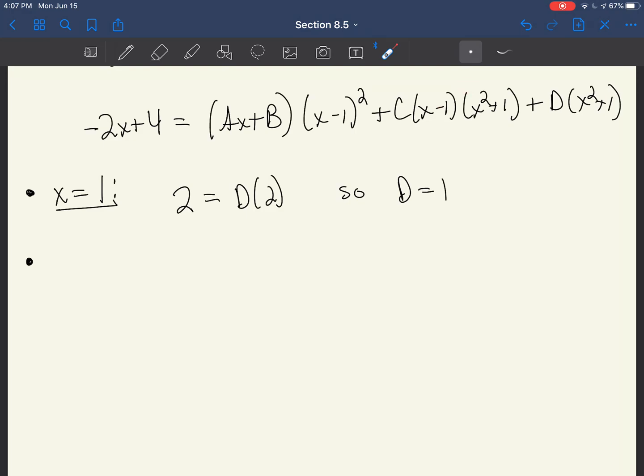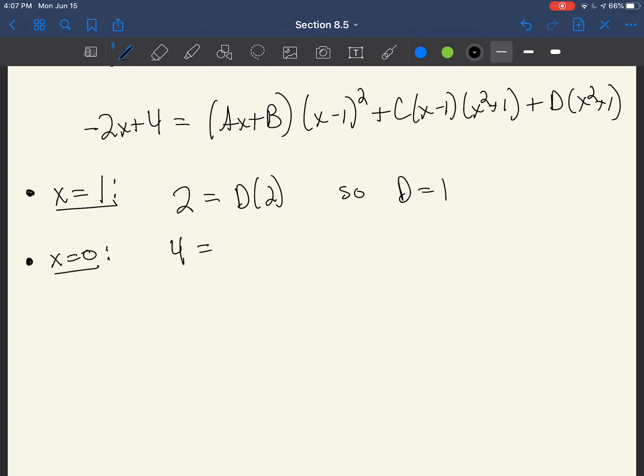Next, notice that we've already used x equals 1, so we can't clear these anymore. And no real value for x will clear x² + 1, since it's irreducible. So now you just pick 3 values for x that you think will be easy. So I'm going to let x equal 0, because I think that'll be easy.